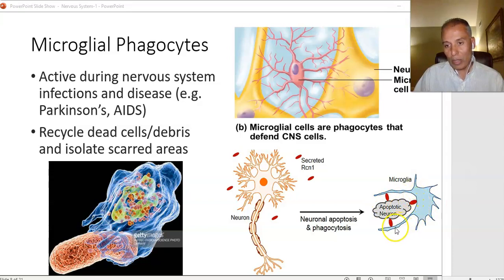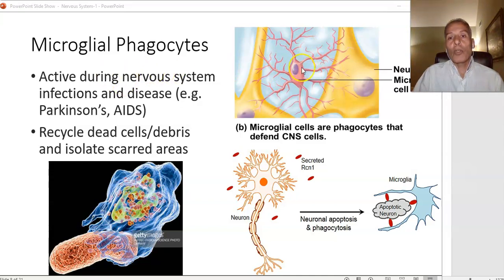This cell comes in, goes around it, and circles it completely, and then it swallows the bacteria and kills it. So this kind of cell is a modified kind of white blood cell that lives inside of the brain and the spinal cord, and it becomes part of the immune system inside of the brain and spinal cord.